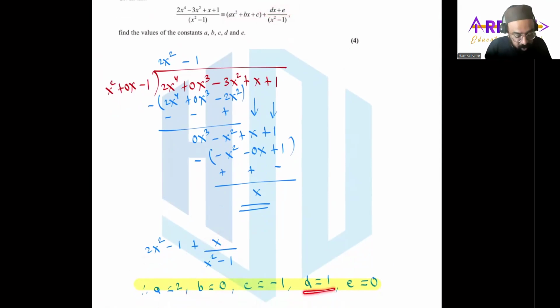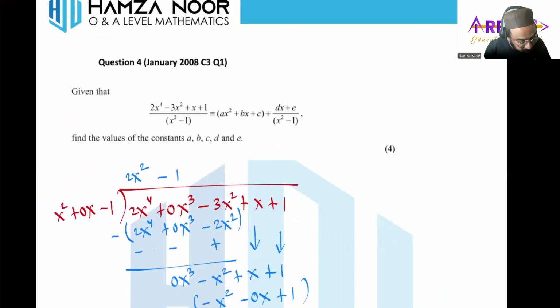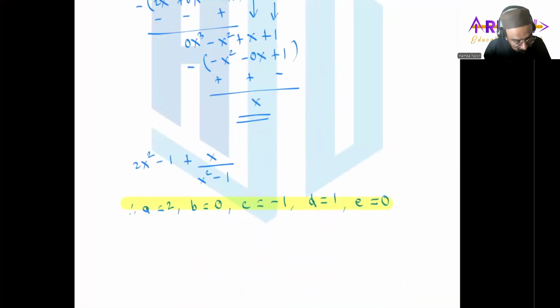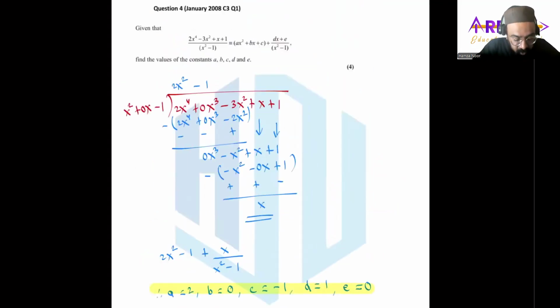So d is equal to 1. And after this term in x, we don't have a constant term. So e is equal to 0. All right. And here you go. You have successfully found the values of a, b, c, d, and e. So in this way, we have attempted this question.